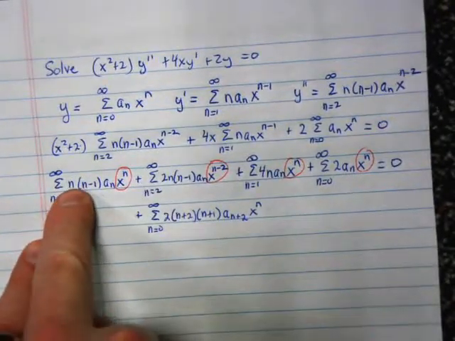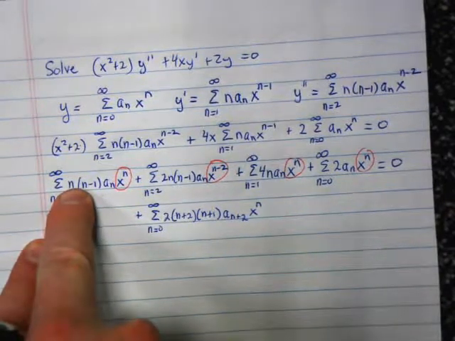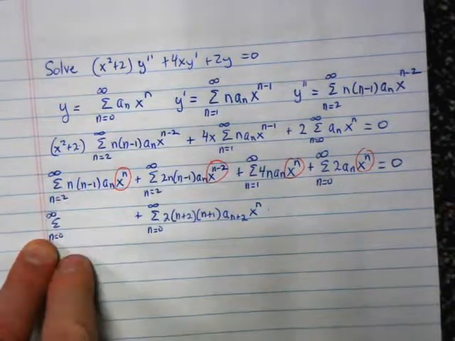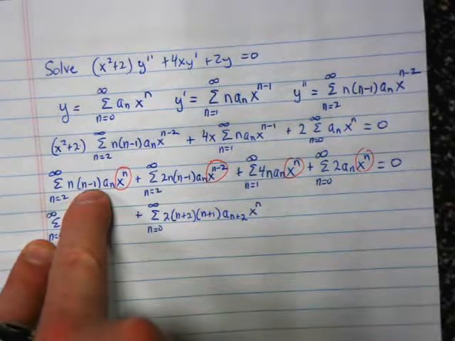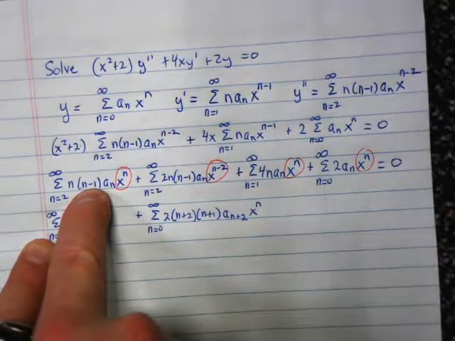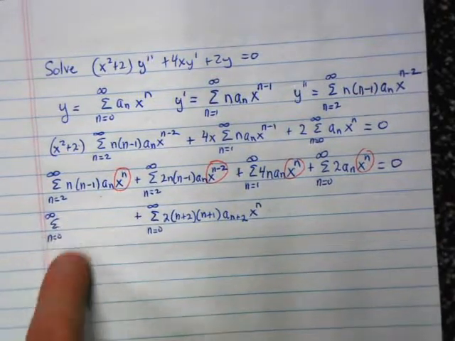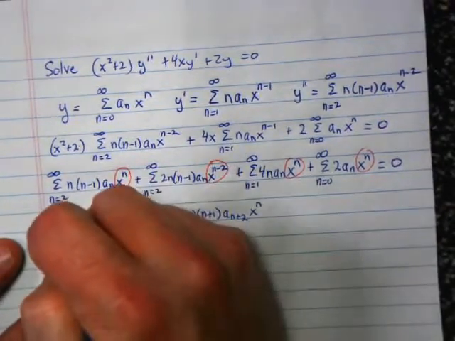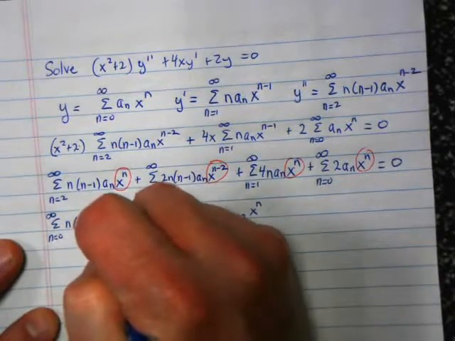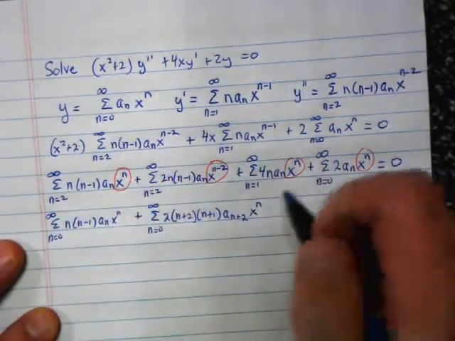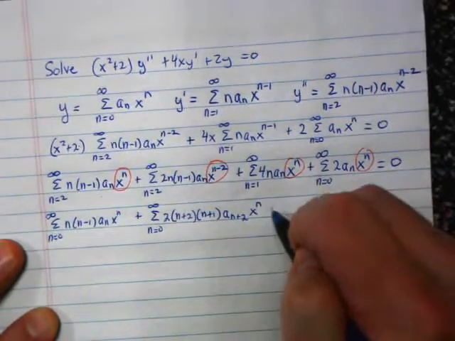I get 0 right there. 0 times anything is going to be 0. Or if I plug 1 in, I get 0 right there with the n minus 1. Still 0. So that one I can just change the start. I just change it from 2 to 0. n times n minus 1 a sub n x to the n. Fixed the second one already.